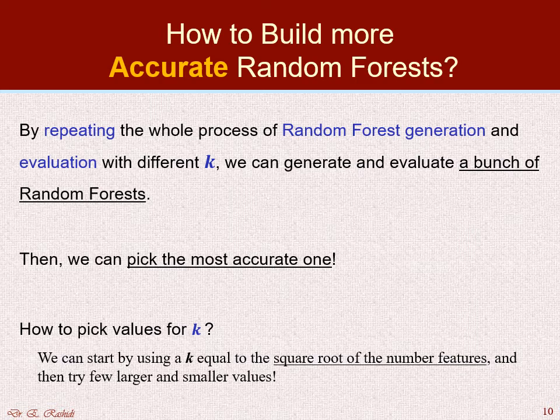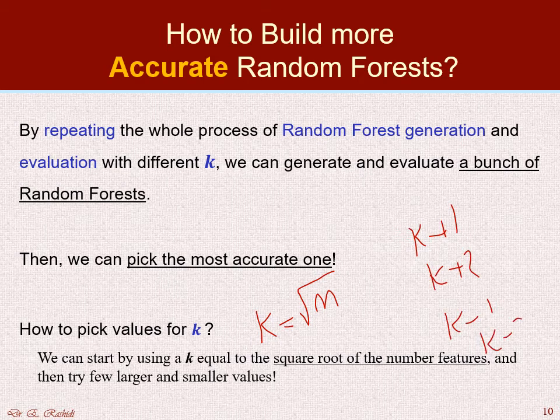For example, if we have m features, then we start with k equal to the square root of m, and then we try k plus 1, k plus 2, and also k minus 1, k minus 2. Then we evaluate our random forests, and we pick the one that is most accurate of all.